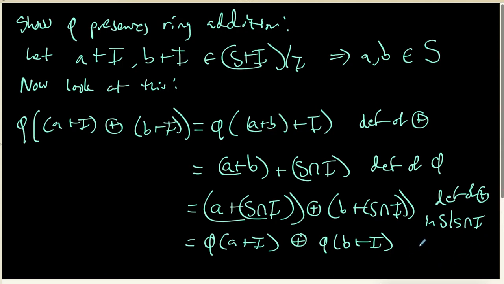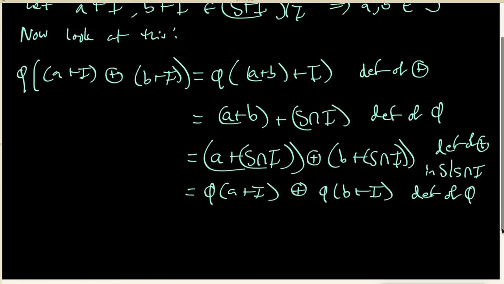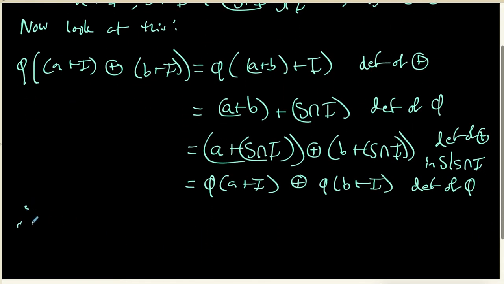And this particular step is again by the definition of phi. And so what we've got is that phi does indeed preserve addition. So we're halfway done with showing that phi is a ring homomorphism.